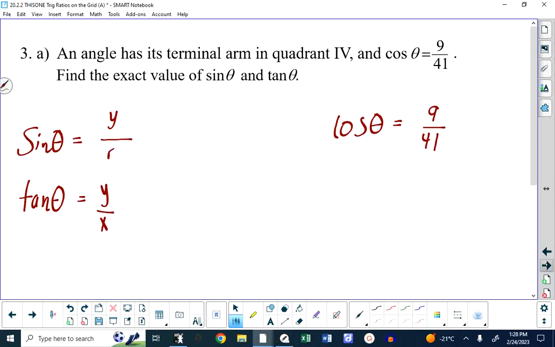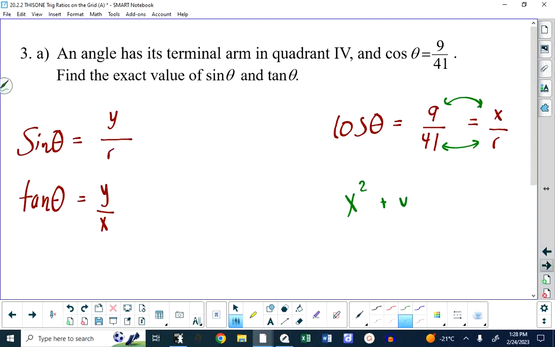If you're told cosine, and you know that cosine is x over r, then you are allowed to say that x is 9 and r is 41. You are allowed to do that. Now, it may not be true. It may be that x is 18 and r is 82. But the ratio of the two is always the same. So you can pick a point on the line somewhere where x is 9 and r is 41. Notice we're missing y for both of these. Well, we find y.